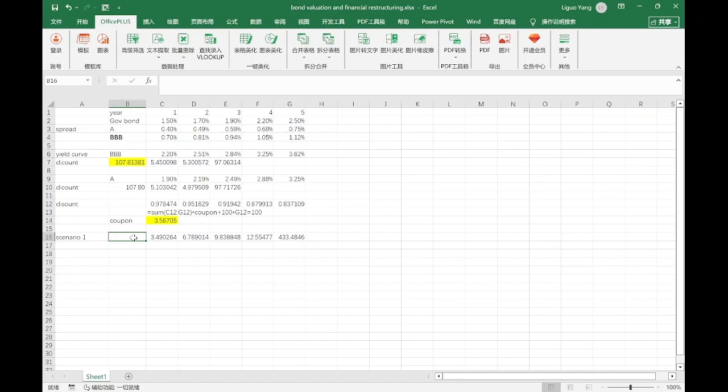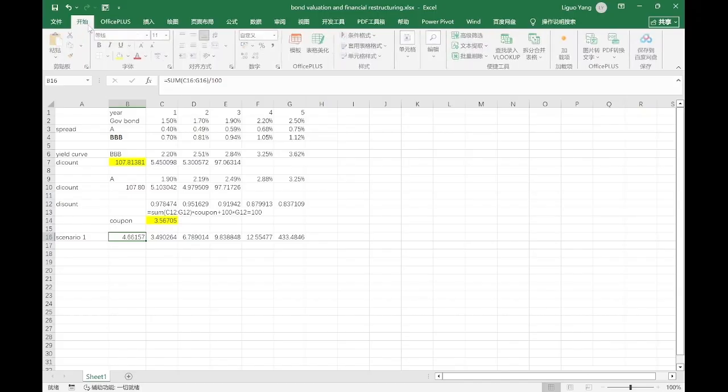Let's sum them up, divided by the total present value. So the duration is 4.66. I will highlight it.